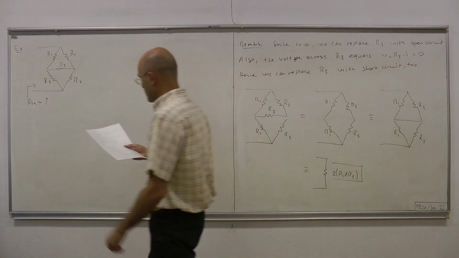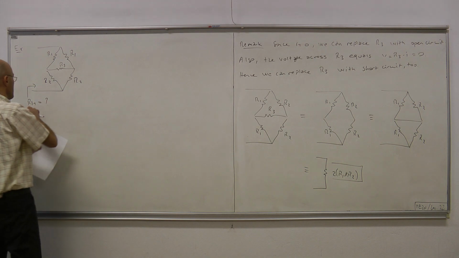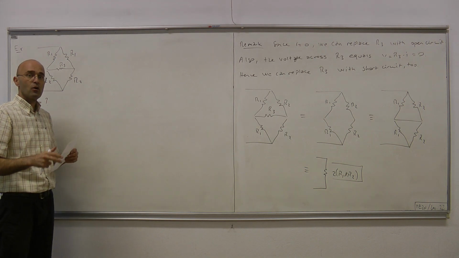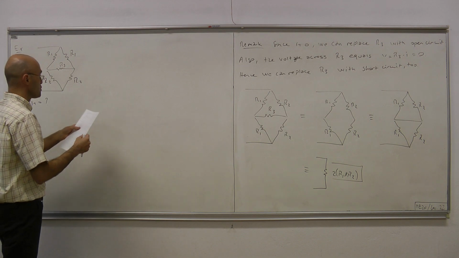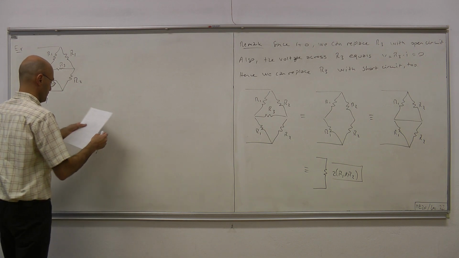Now, for this, suppose that we want to apply the method of connecting a test source to figure out the input resistance. Let's choose a test source of 1 amp.